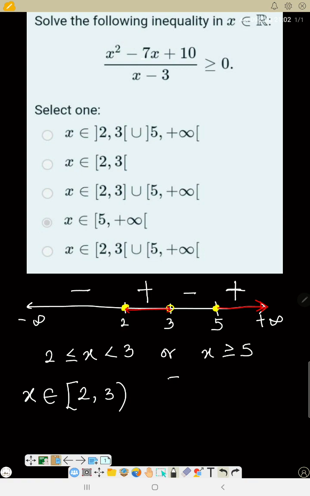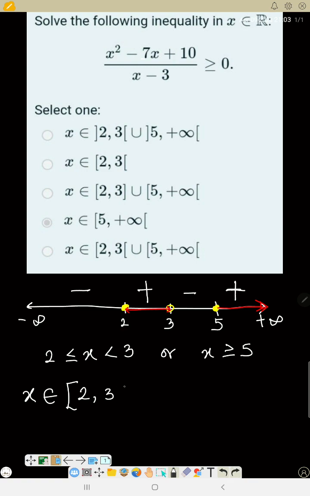Anytime it's open, you use the opposite of the brackets. But we can also use this. If I represent it this way, it's also allowed, but we don't have that in the options. So if you do this, that means it's closed, 3 is included, but 3 is not included, so we can also face it this way.